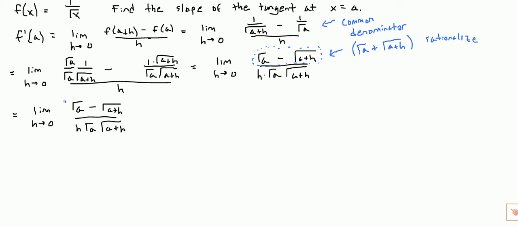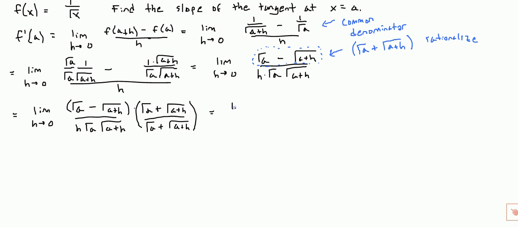And now, okay, we're going to multiply by the conjugate. And again, we have to divide by it. Multiplying this by 1, right? This would be 1, but this is going to help us. So we're going to carry out the multiplication up here.